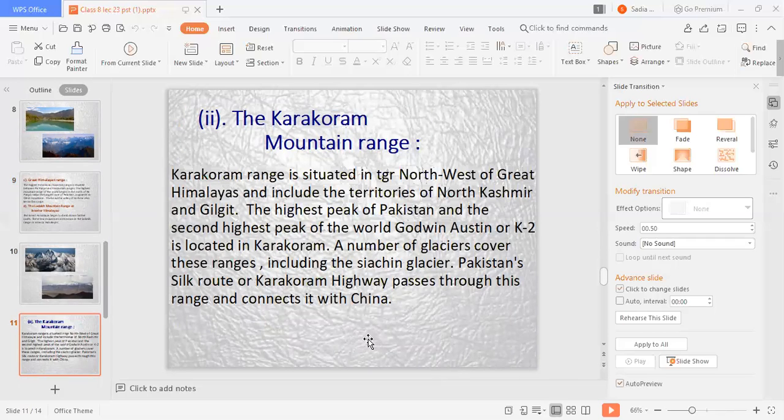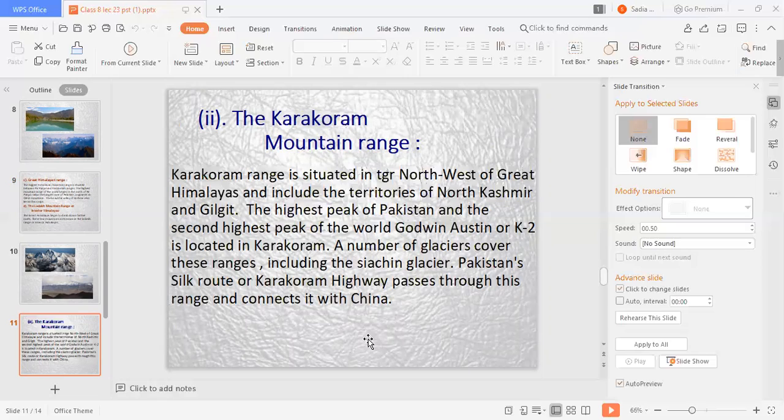Next one is the Karakoram mountain range. So as I told you that first of all we are going to discuss mountains, then I told you that the mountains of Pakistan are divided into two parts, and we are going to discuss the northern part of the mountains, and the northern part of mountains is also divided into two parts. First of all the Himalayas, and second one is the Karakoram.